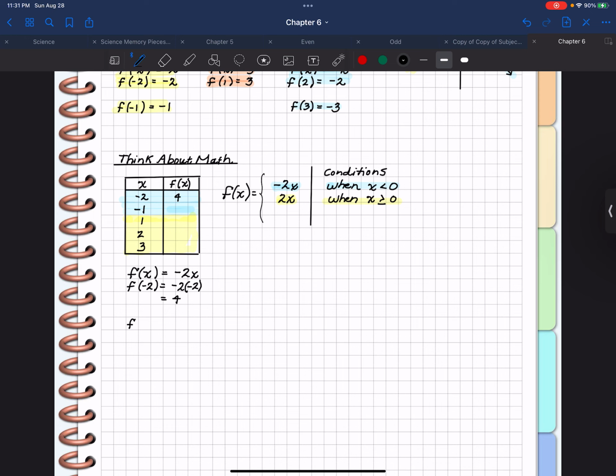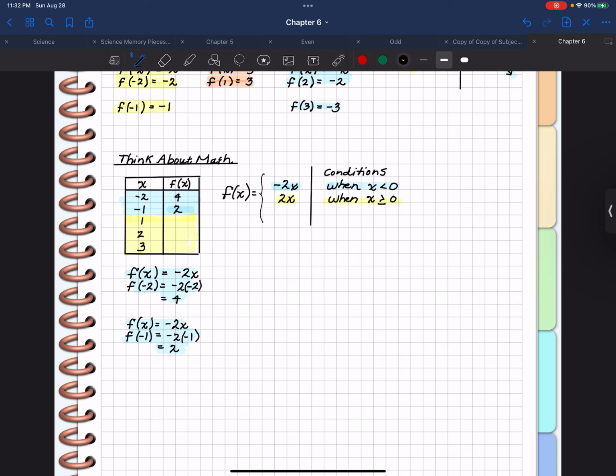And then that same function, f of x, is -2x when x is -1. So -2 times -1 is +2. So there are my 2 blue pieces. I did this one when it was -2, and then this one when it was -1.